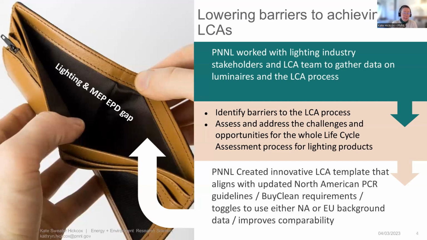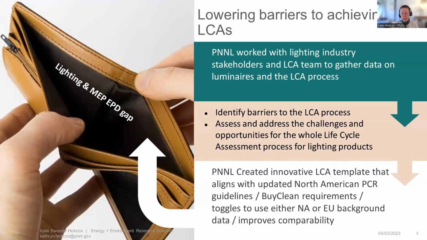Through that process, we've created a life cycle inventory template, an LCA template that aligns with the ISO standardized rules that lay out the requirements for how to do a life cycle assessment, depending on the type of product. This template aligns with those guidelines and also other North American requirements and background data.